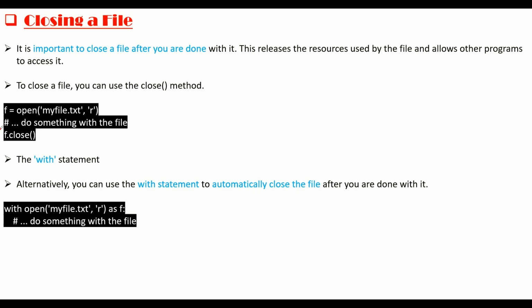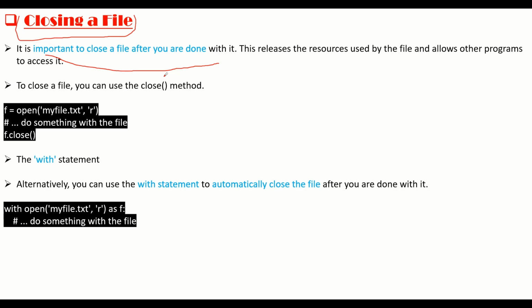The next topic is closing a file. How to close a file? It is very important to close a file after you are done with it. This releases the resources used by the file and allows other programs to access it.